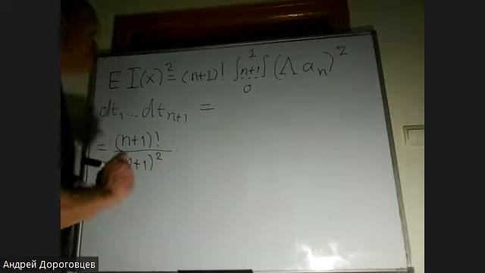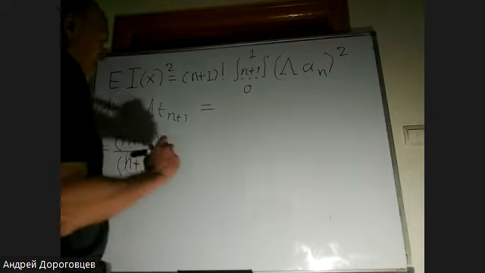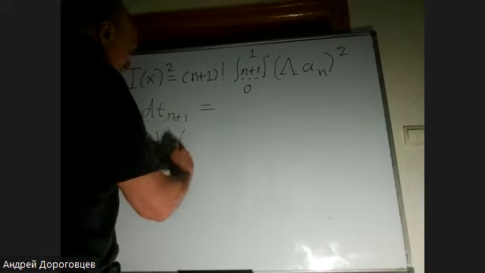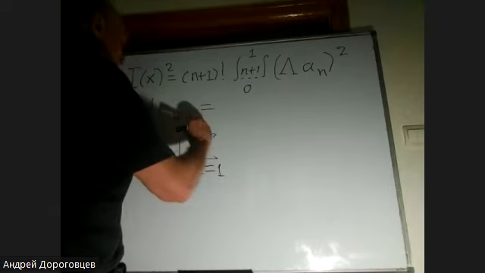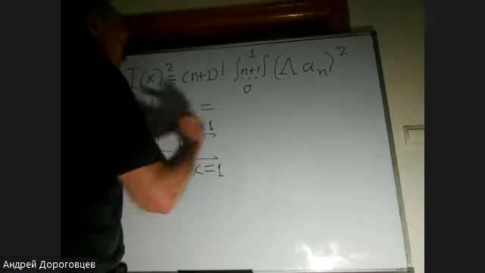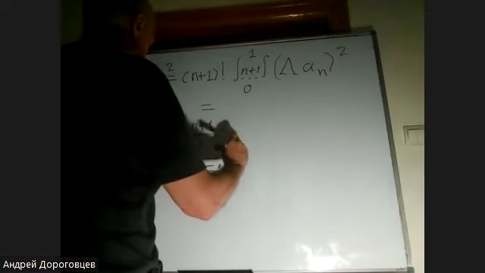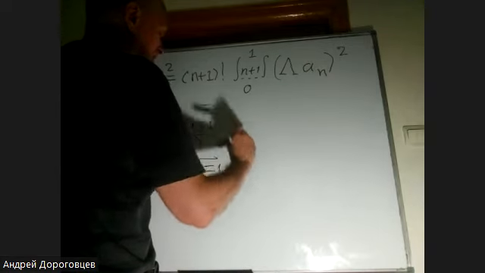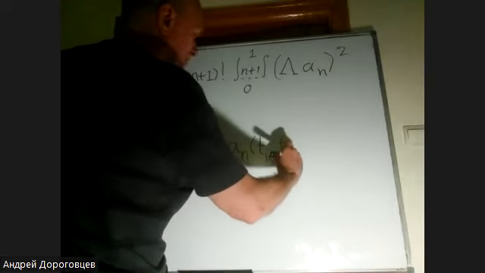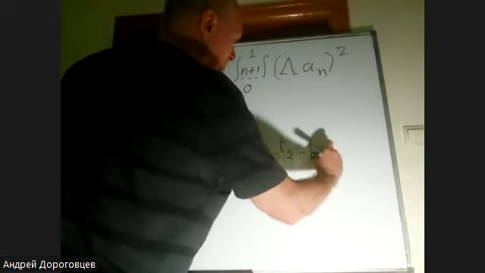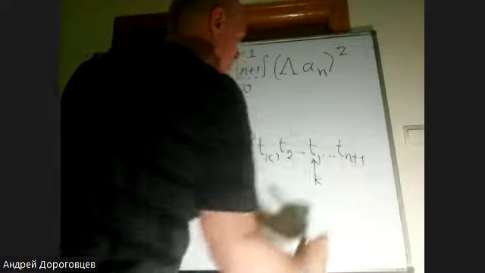Then multiply and sum. I will write this multiple sum as follows. One is the sum of squares, k from 1 to n plus 1, of a_n(t_k, t2, t1 in the k-th place, ..., t_{n+1}) squared.